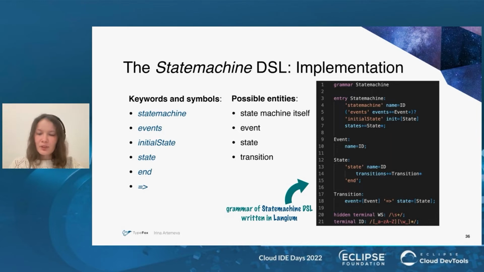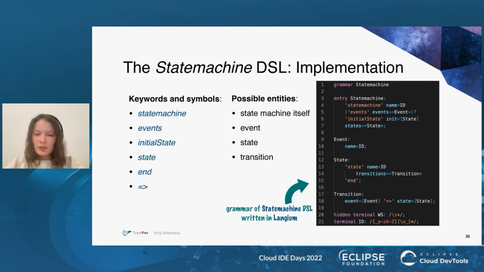At the bottom there are terminal rules that describe tokens, the smallest meaningful elements that our DSL can be divided into. We have here two terminals, WS white space and ID or identifier. They are defined by regular expressions, and usual parsing rules are defined using keywords, assignments, and rule calls.